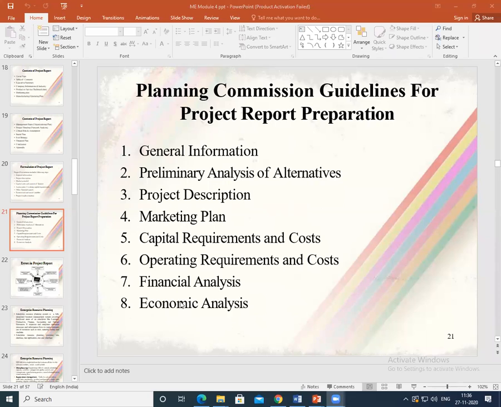Financial analysis and economic analysis are also part of the Planning Commission guidelines for project report preparation. So these things have to be elaborated. These are a few of the guidelines given by the Planning Commission on how you should prepare a project report.